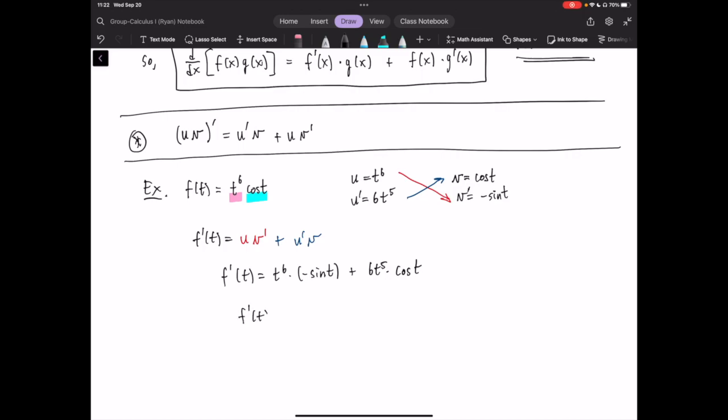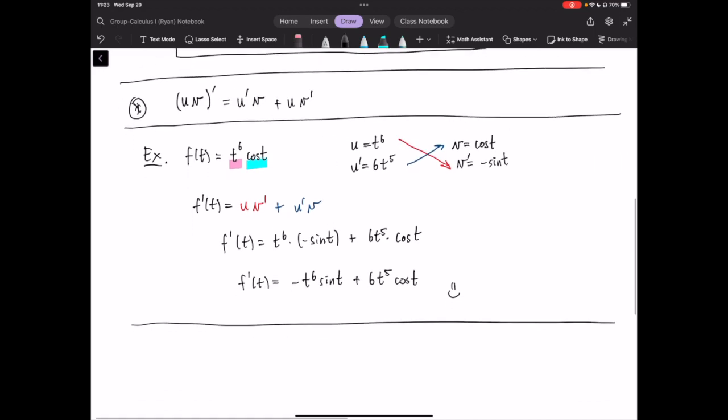So f prime of t is going to equal minus t to the sixth power times sine of t plus 6t to the fifth cosine of t. Okay, now at this point, I'm going to put a smiley face and say that we're done. You could do some factoring. There's some stuff you could do with this, but as far as we're concerned, that's the end of this problem. That's the derivative of this function f.